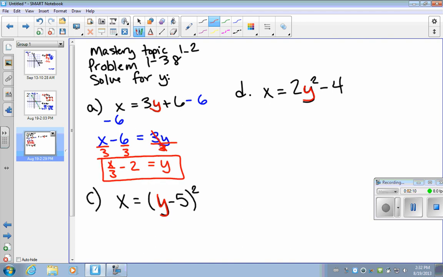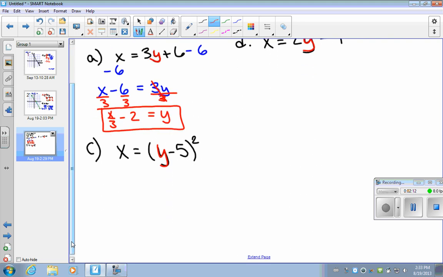Now for problem C, there's an easy way to do this and a not easy way to do this. What I want you to think about is, if you knew that 25 equaled something squared, and let's just make this a y because that's staying with the course, you could probably guess what y is. Well, you could guess half of what y is, but you would tell me y is either 5 or y is negative 5.